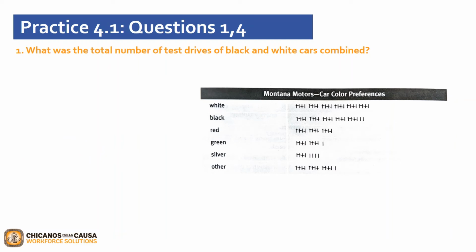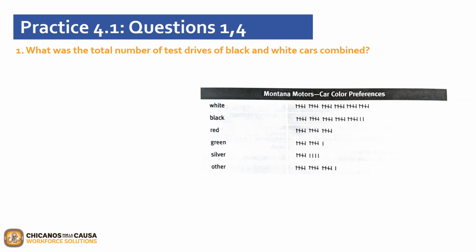Okay, our first practice question states, what was the total number of test drives of black and white cars combined? This is the exact same table that we used before, except now we're looking at black and white cars instead of black and silver cars. It's asking us for the total amount, so we are going to add the number of black cars and the number of white cars in order to get our final answer.